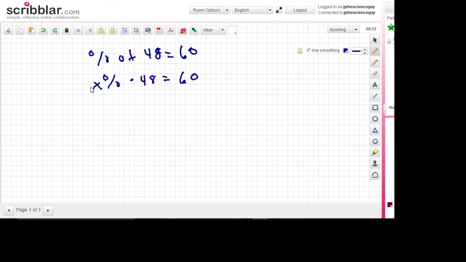Now, if I want to get X percent by itself, what are these two things doing to one another? Times. So if you want to move the 48 over to this side of the equation, what do you have to do to the 60? Divide it. So that's what I'm going to do. You would divide 48. See how I'm moving it? It always goes to the bottom over here.